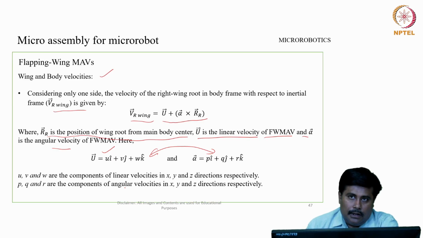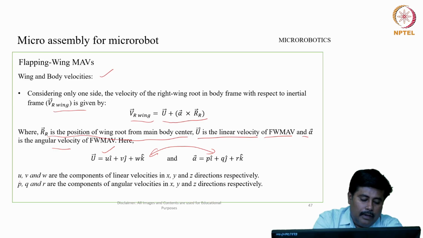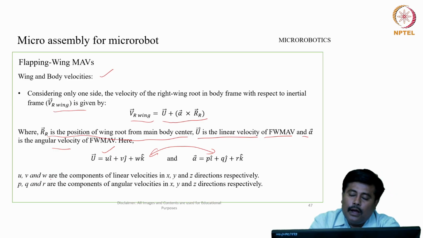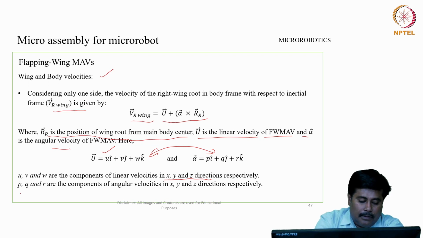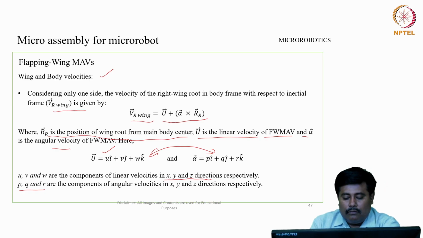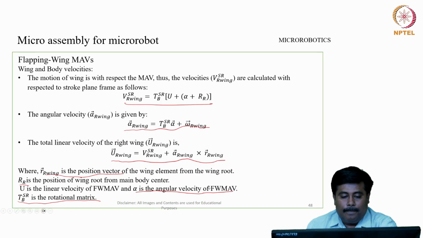From the linear velocity point of view, U, V and W are the components of the linear velocities along the X, Y and Z directions respectively. And PQR are the components of the angular velocities, represented in the XYZ directions respectively.